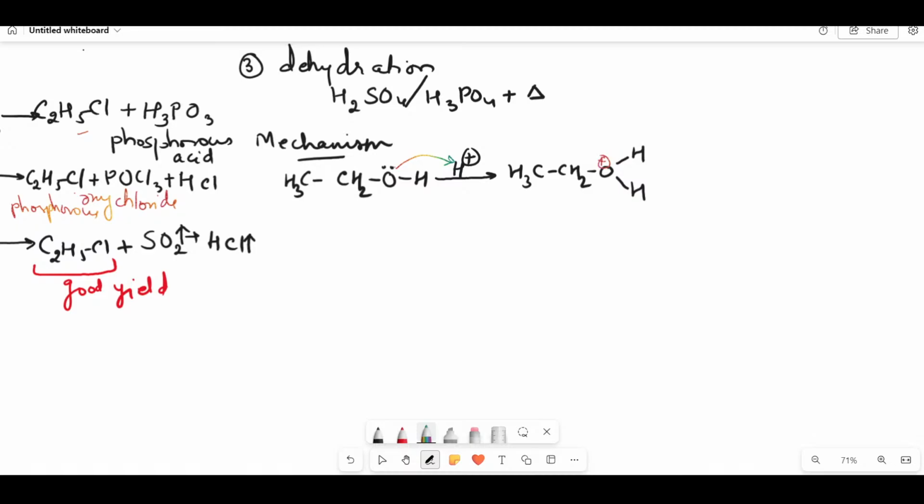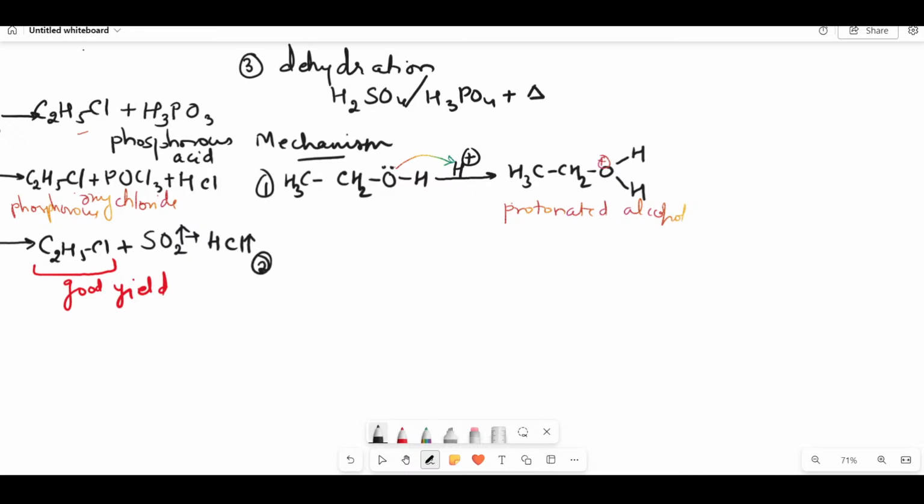This is the first process in which we have done formation of protonated alcohol. We have added the proton, so it is known as protonated alcohol. This is the first step. This dehydration mechanism will go like this. Let us do the second step.